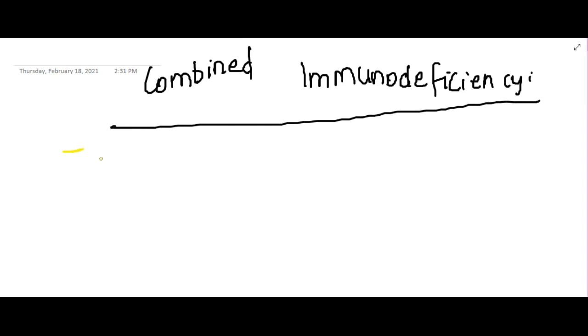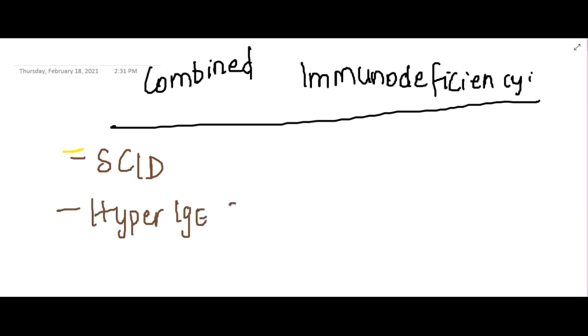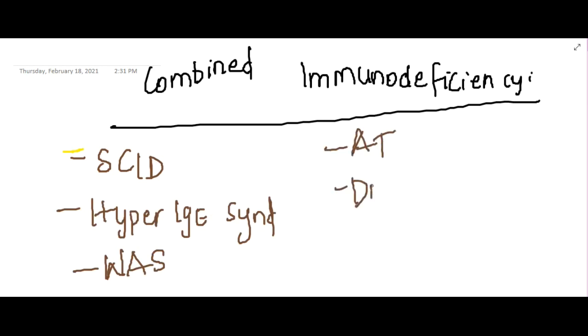First we have severe combined immunodeficiency. This also includes hyper IgE syndrome, and this also includes Wiskott-Aldrich syndrome, Ataxia Telangiectasia, and IgE syndrome.